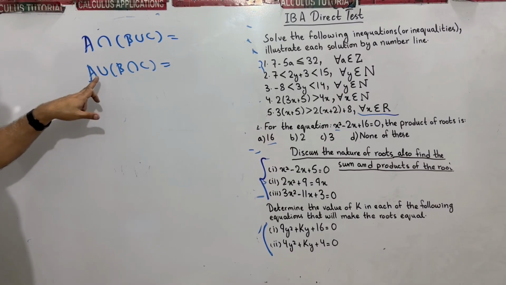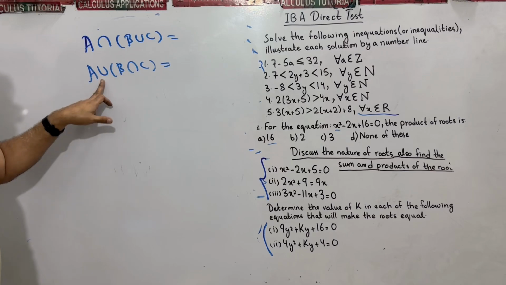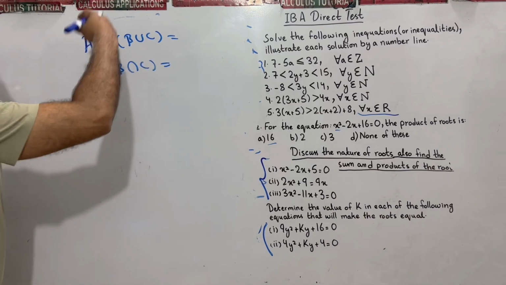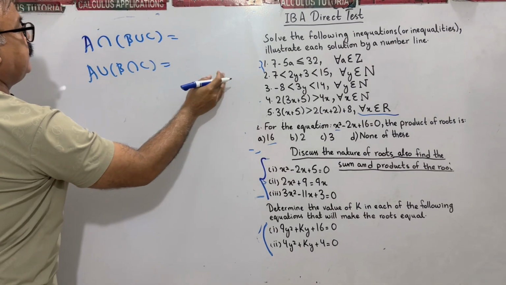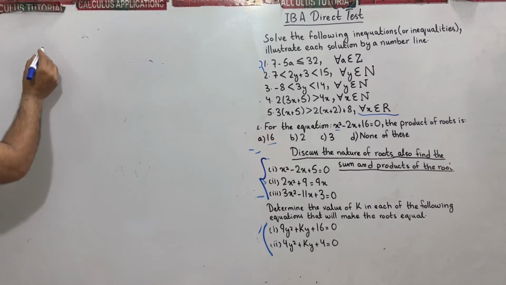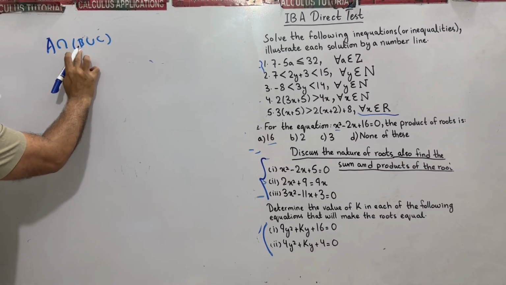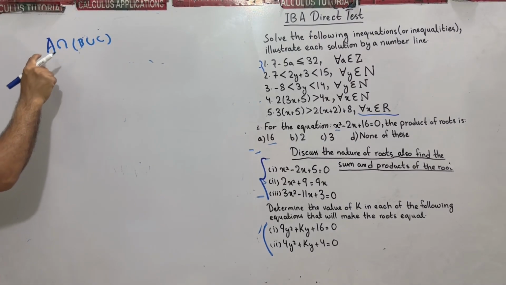And in that case, distributive law of union over intersection. How to write the right hand side? It's really very easy. A intersection B union C. Just ordinary multiplication.